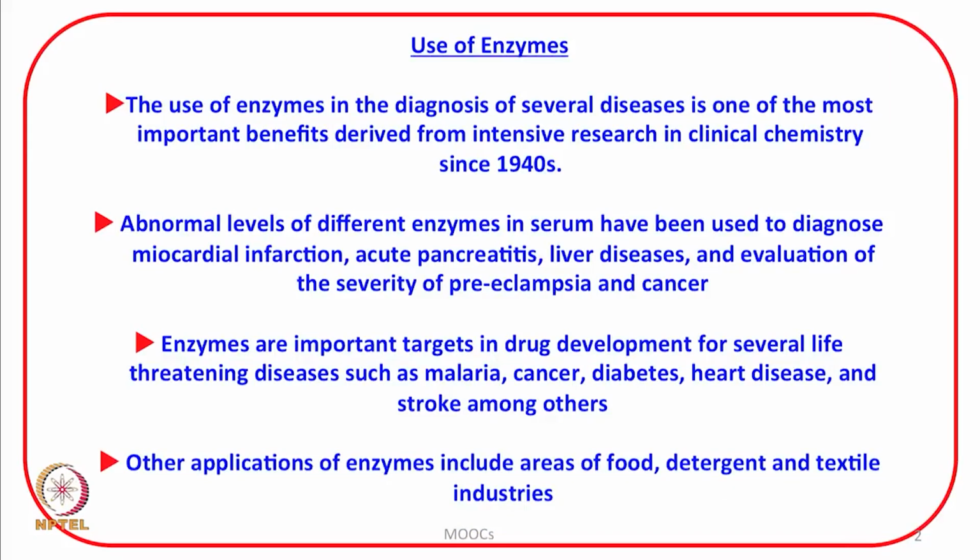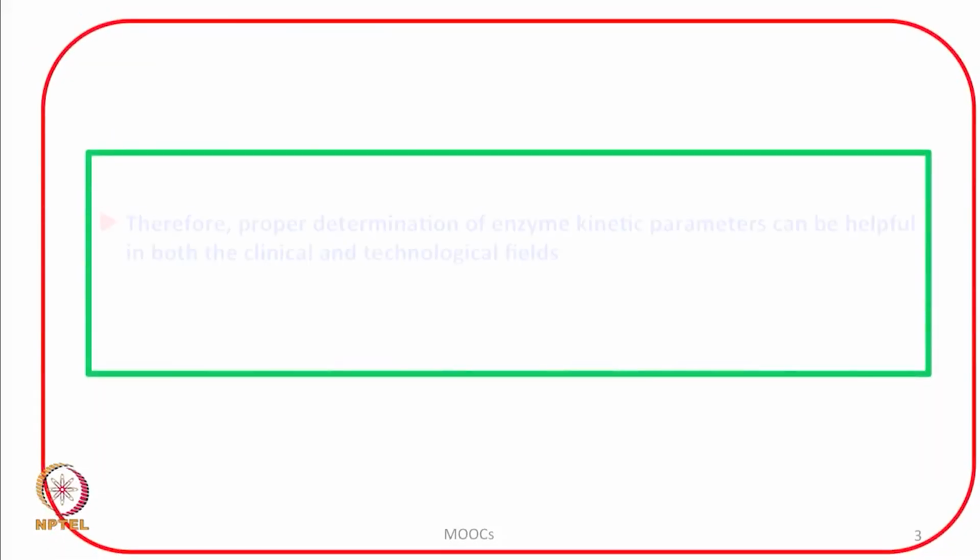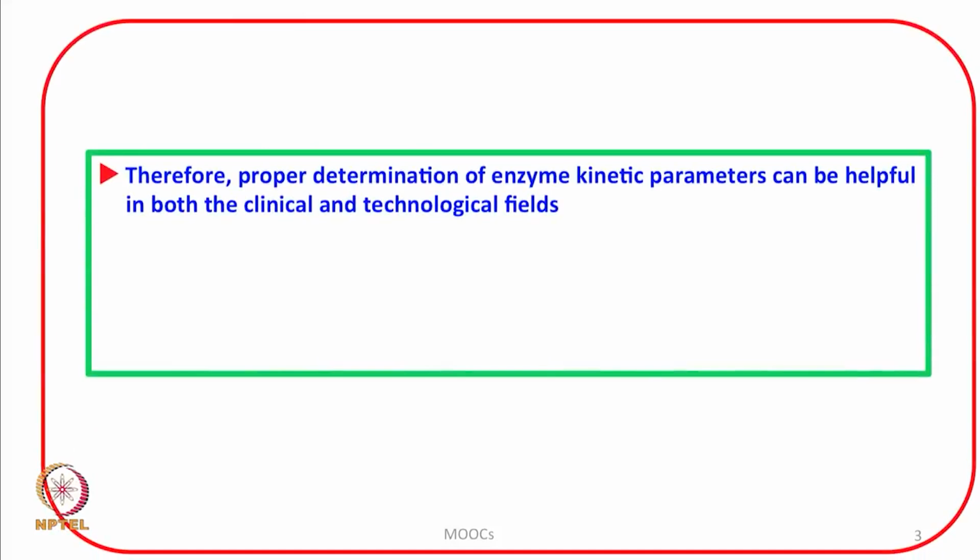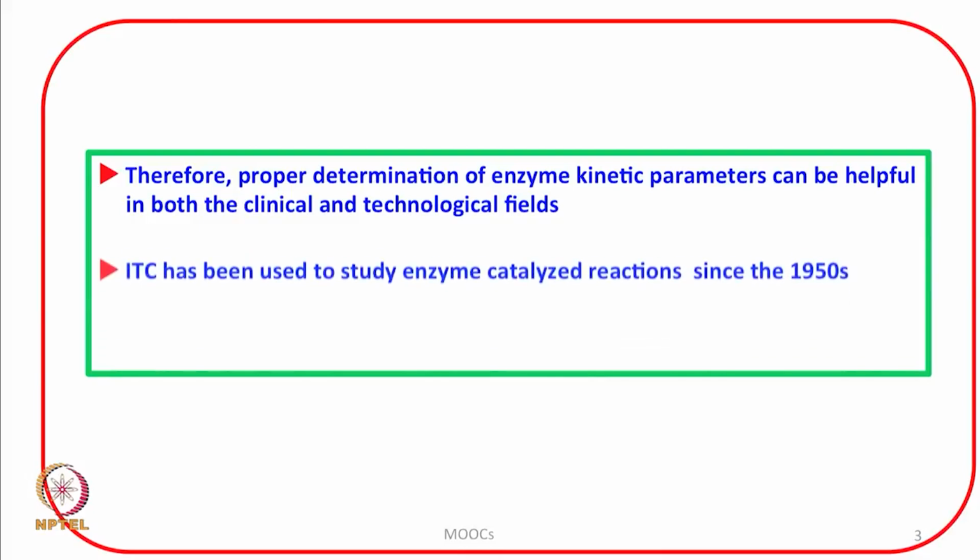Enzymes are also very important in the areas of food, detergent and textile industries. Further, in view of the importance of enzymes in various fields, proper determination of enzyme kinetic parameters can be helpful in both clinical and technological fields.